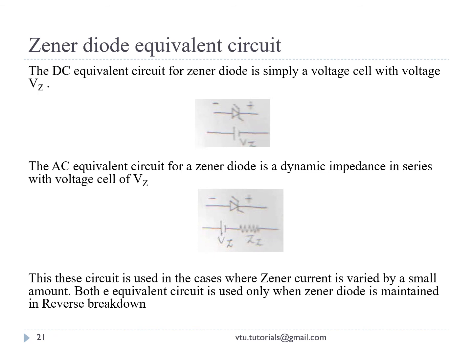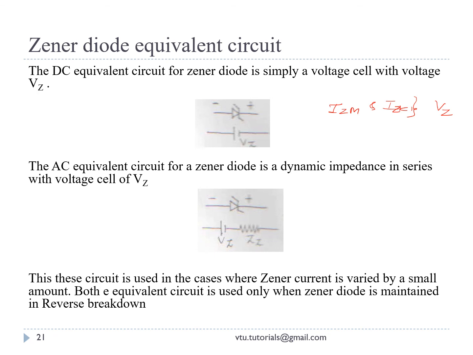If we assume it to be ideal, and we maintain the current between Izm and Izk, we are going to have a constant voltage Vz. So we are replacing the Zener diode by a voltage cell of voltage Vz in the breakdown region, right?